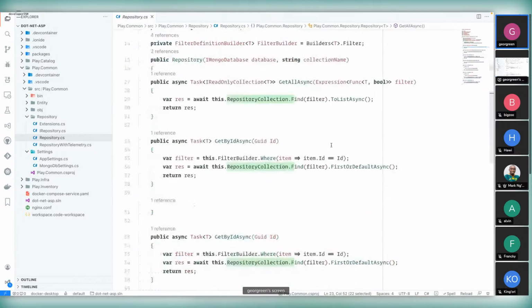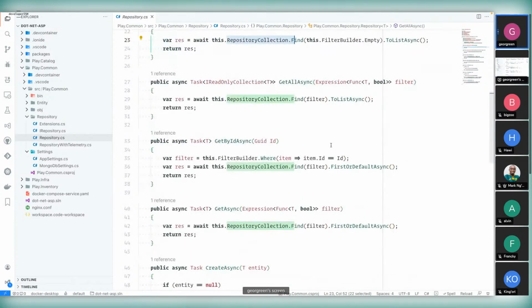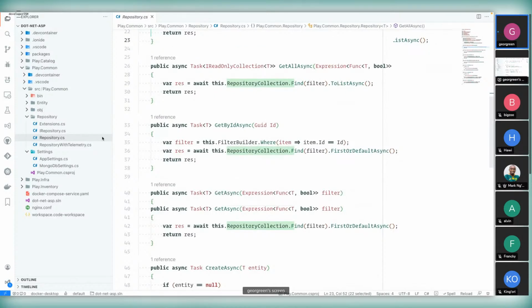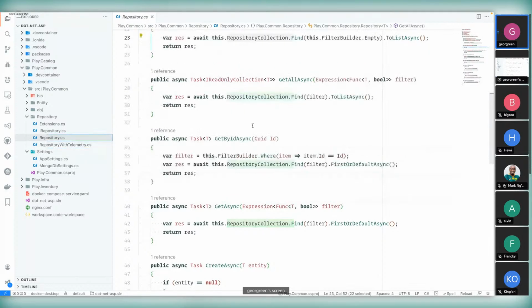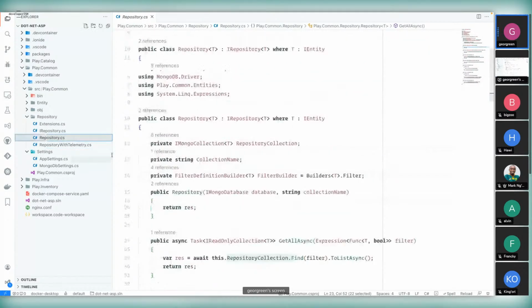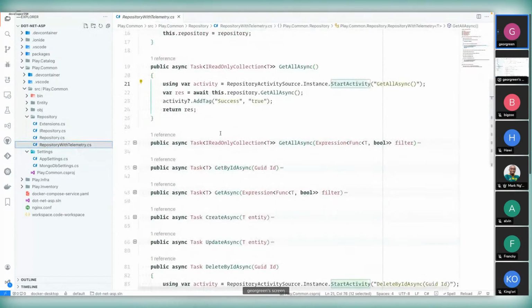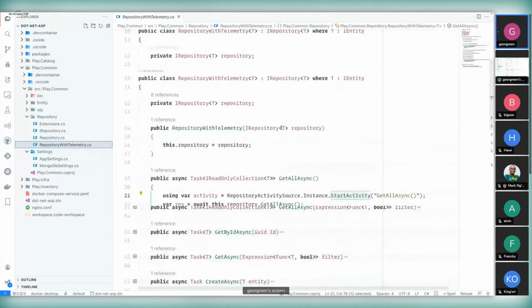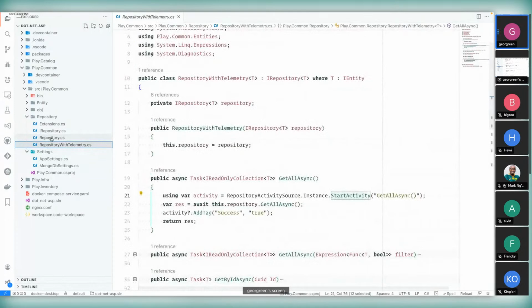So if you're a library author and you want to make your library observable, one of the techniques you can use is this decorator technique, whereby you just write your code as is without the telemetry, and then you write another class that usually just takes the core thing you need and wraps it around telemetry.